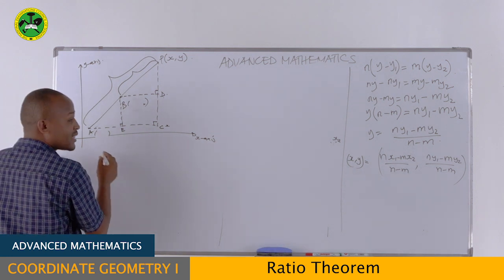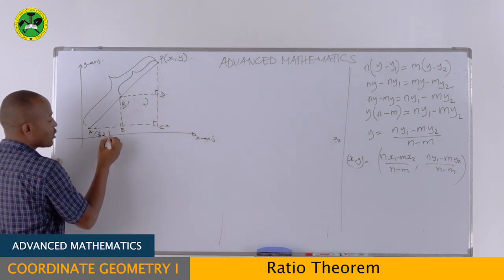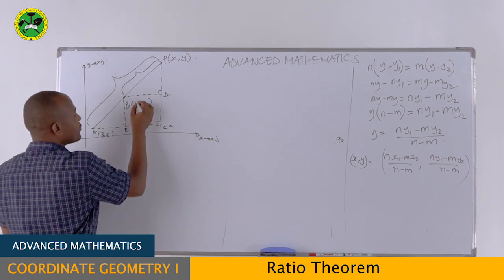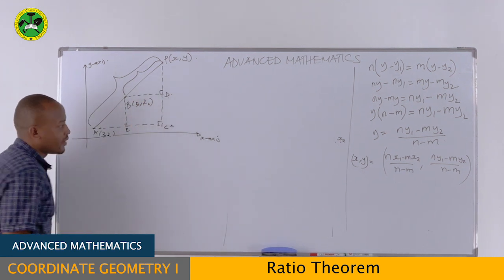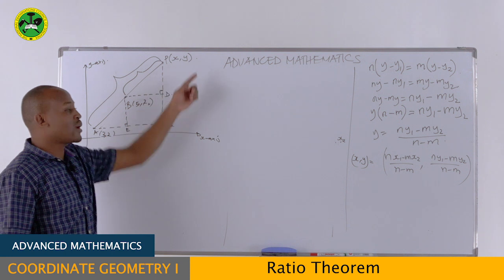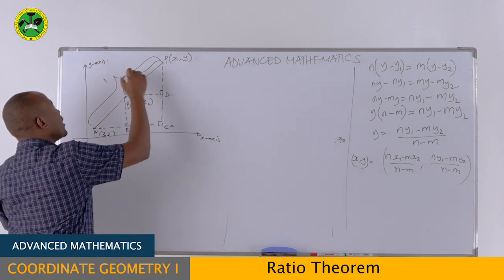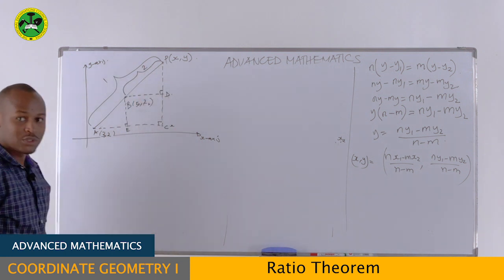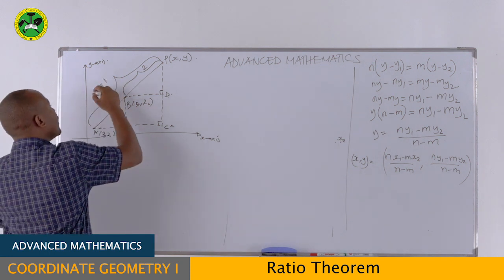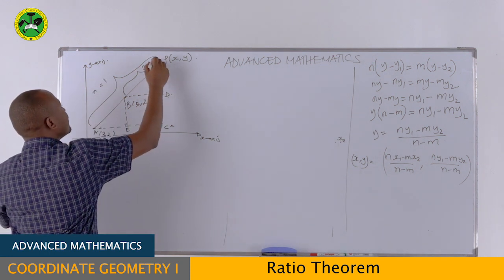So we have a point that is 3, 2, and we have 5, 7. And we have a point X, Y in a ratio of 1 to 2. So that is our M, and that is our N.